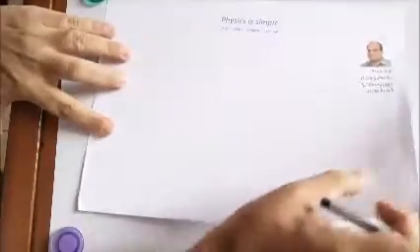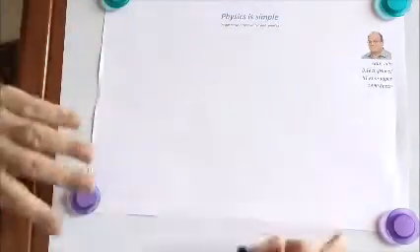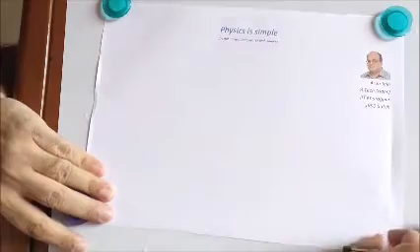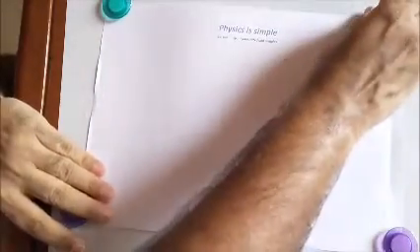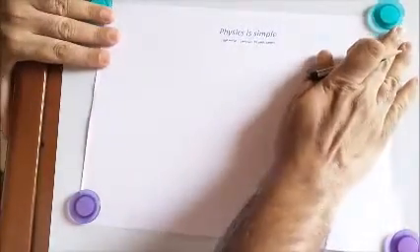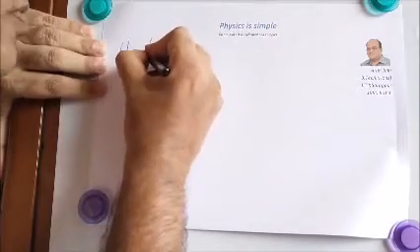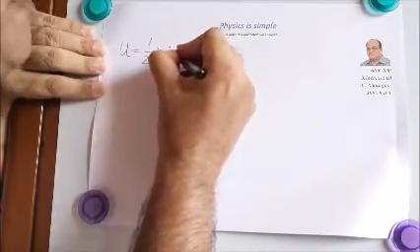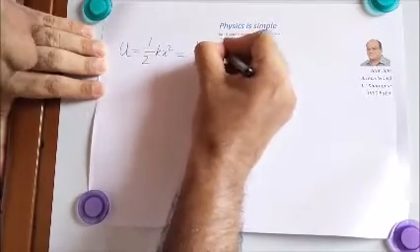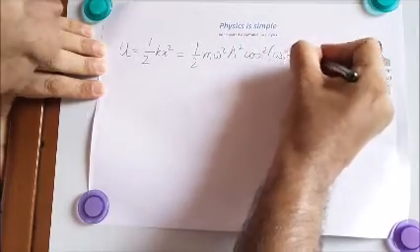Now, if you look at potential energy with time, potential energy is given by half kx square, and in SHM, k is m omega square. Omega is defined as root over k by m. So this potential energy becomes half m omega square a square cos square(omega t plus phi naught).